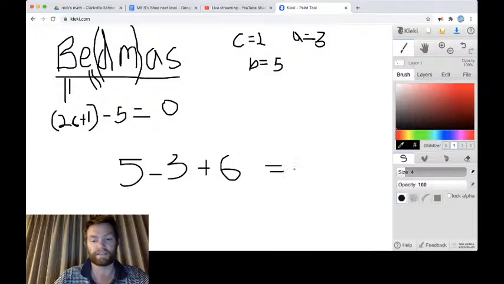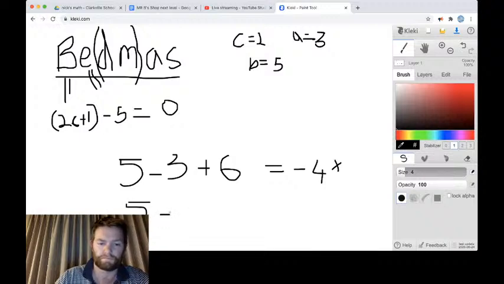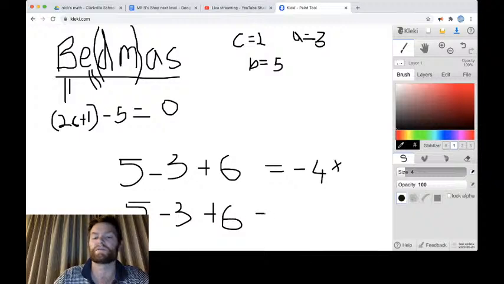That is not correct. You would just go from left to right, which would be 5 take away 3, which equals 2, plus 6, 2 plus 6 equals 8. That is correct. So that's the tricky thing.